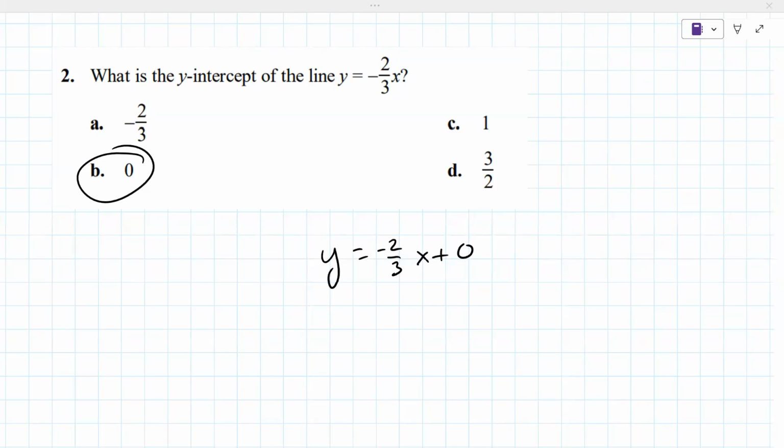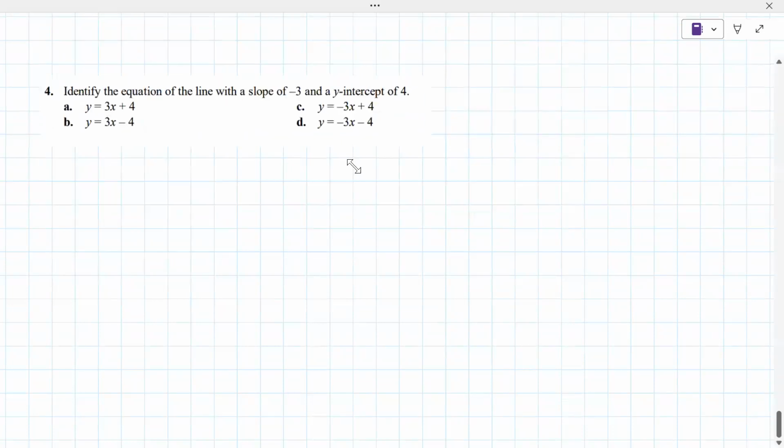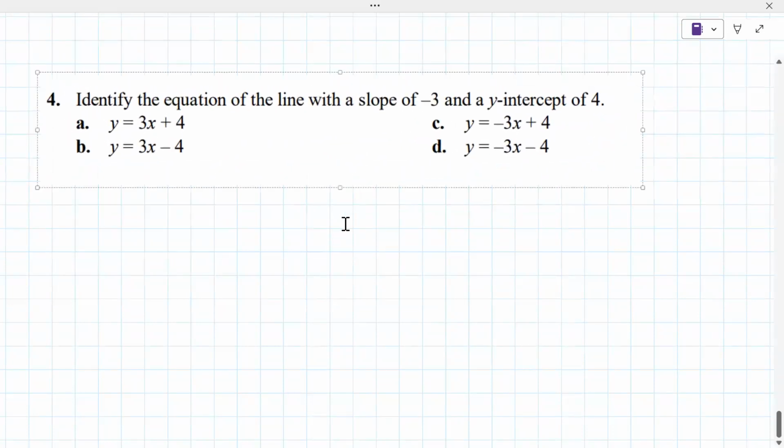All right, here is another problem for you to try. One of the challenges with multiple choice is you can get the right answer, but mark the wrong one. Yeah. All right, so give this a try, please.